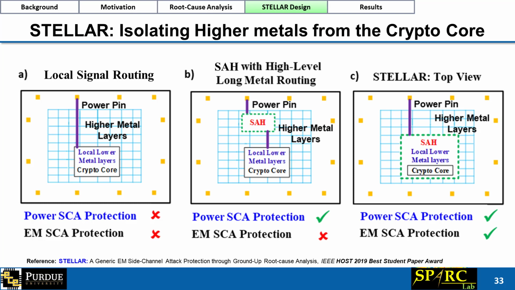But if the routing is through the higher level metals, it would still radiate and would be vulnerable to electromagnetic side channel attacks. In Stellar, we propose embedding the crypto core within the signature attenuation hardware with lower level metal routing and then pass the attenuated signature to the higher metals.